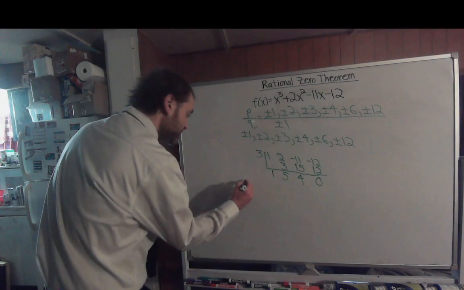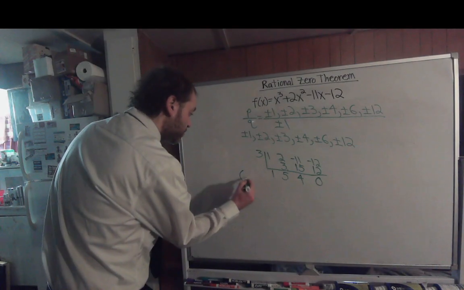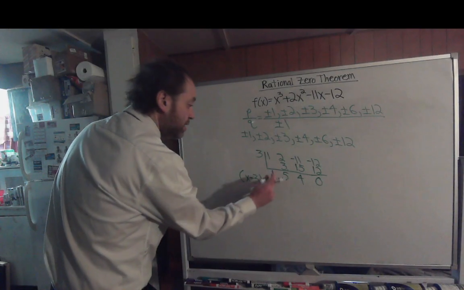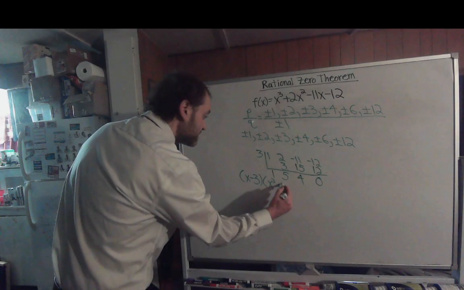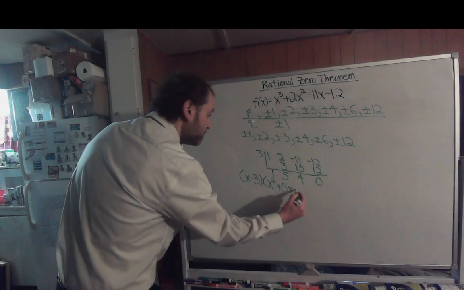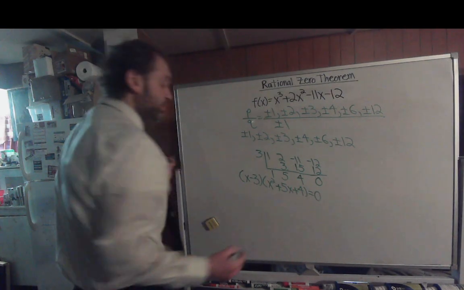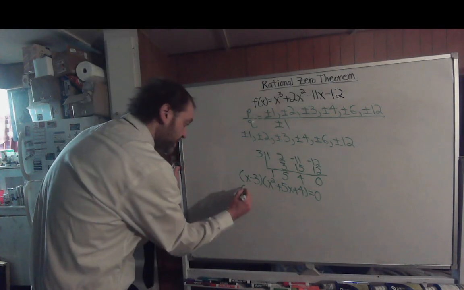So this is going to break down into the quantity of x minus 3 times the quantity of x squared plus 5x plus 4 is equal to 0. Which that x squared plus 5x plus 4 can factor even further.